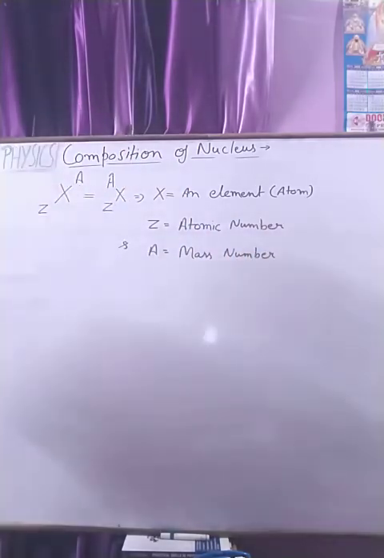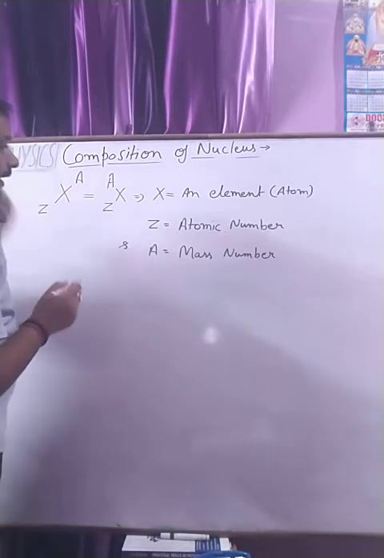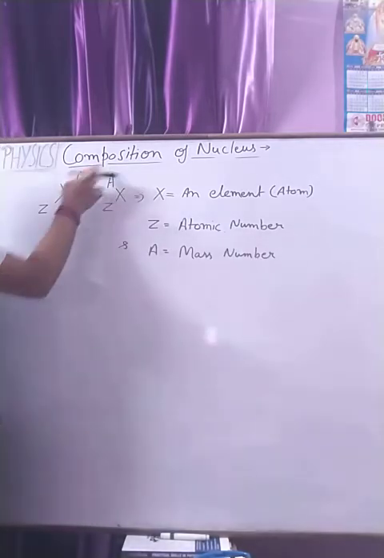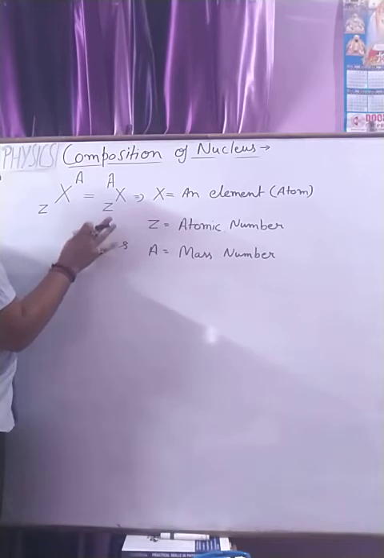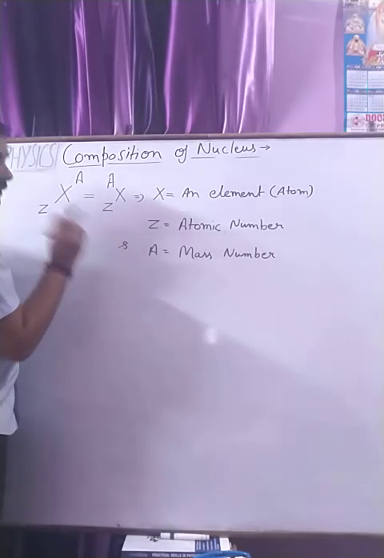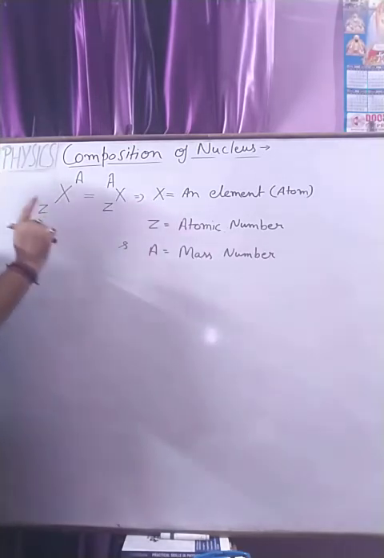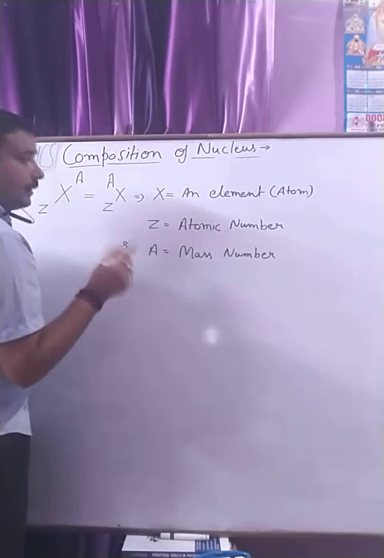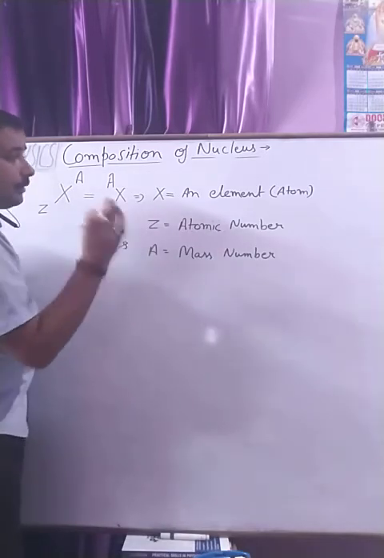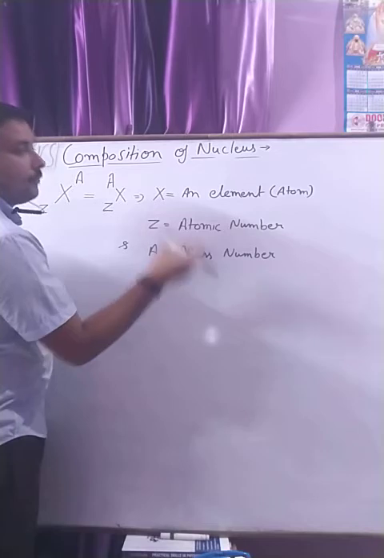Okay, now when the symbol of an element or of a substance is given to us, then we find from there three fundamental particles of an atom.